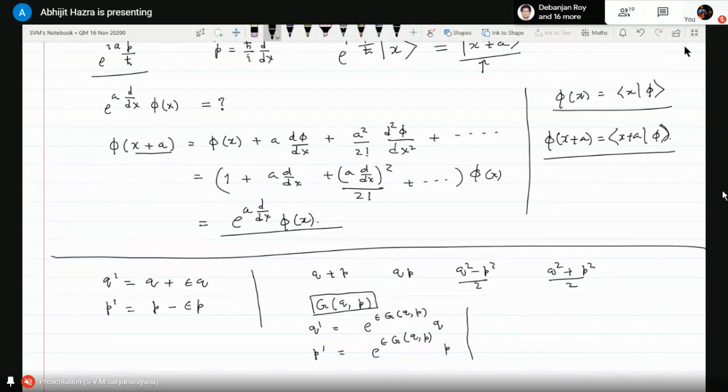So if you have a generator, then it should be written in this fashion. So now you can see that since this is linear in epsilon, we are trying to write this as 1 plus epsilon times g of q comma p. I will not write other terms. And p prime is equal to 1 plus epsilon g of p.